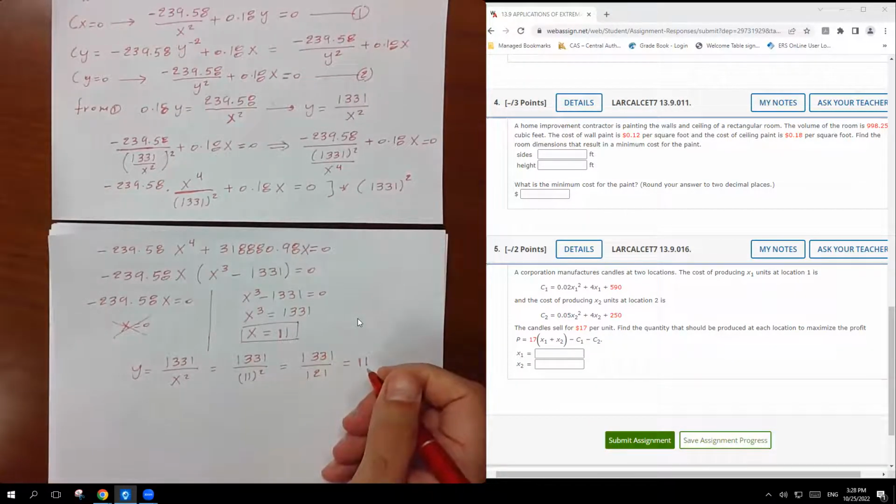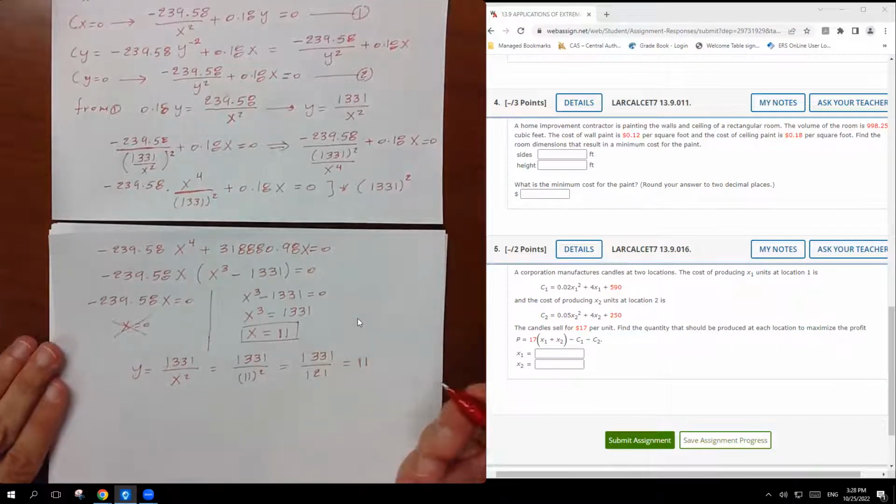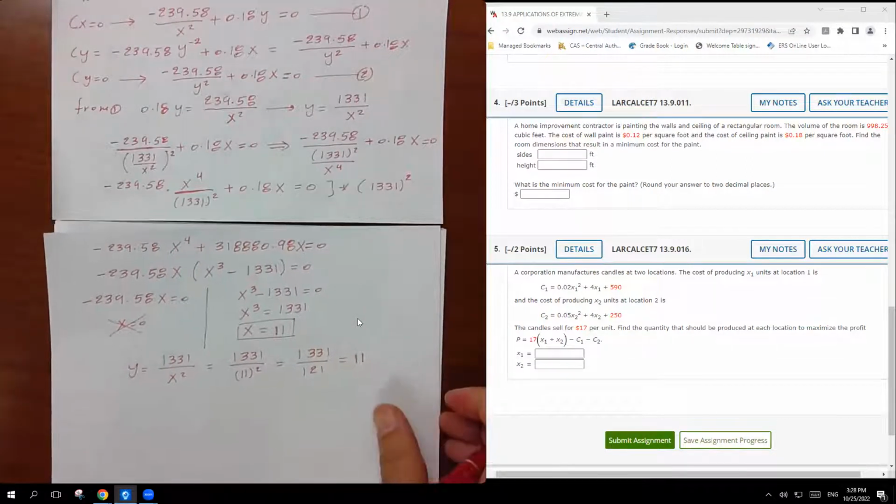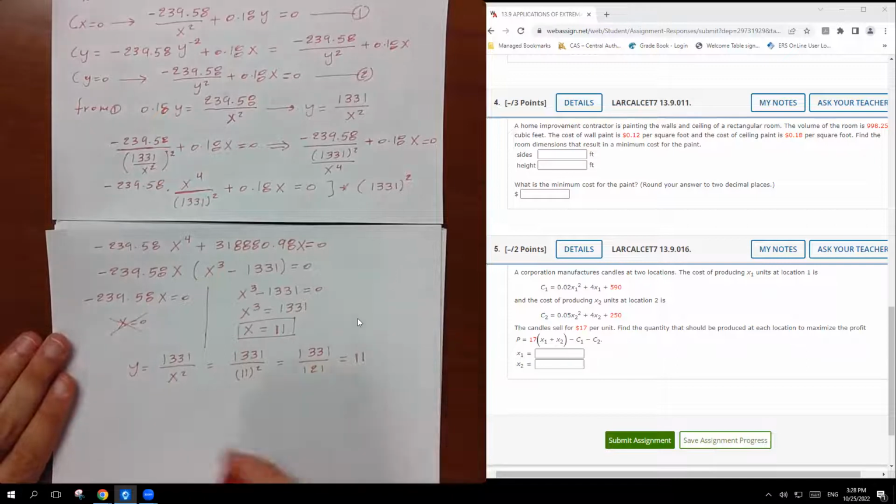The x, y, x equal y, and now we need to find the z.